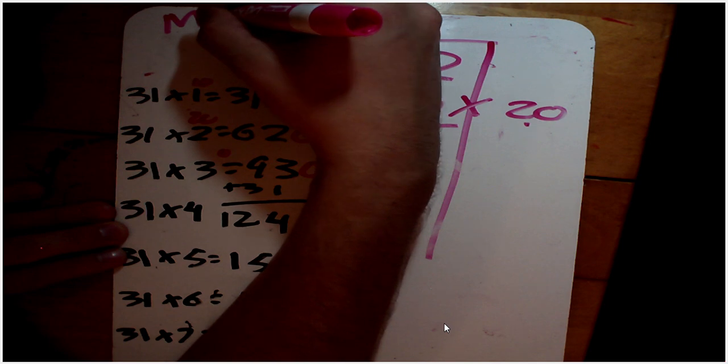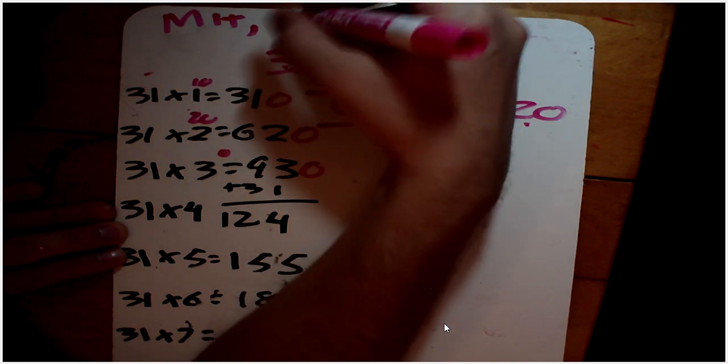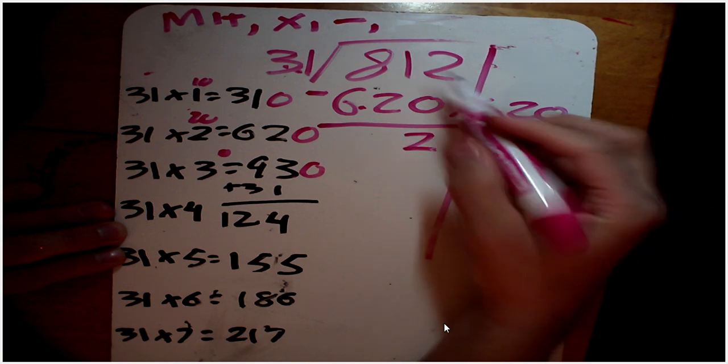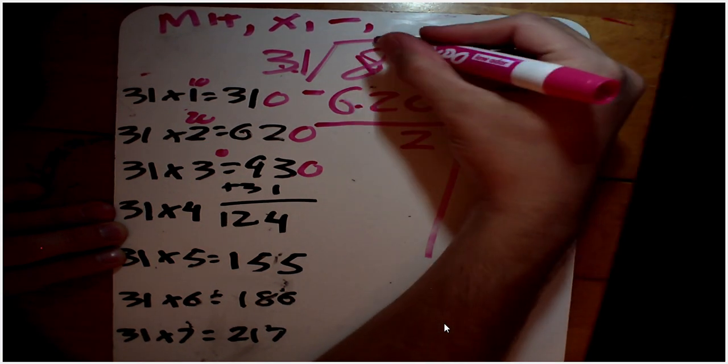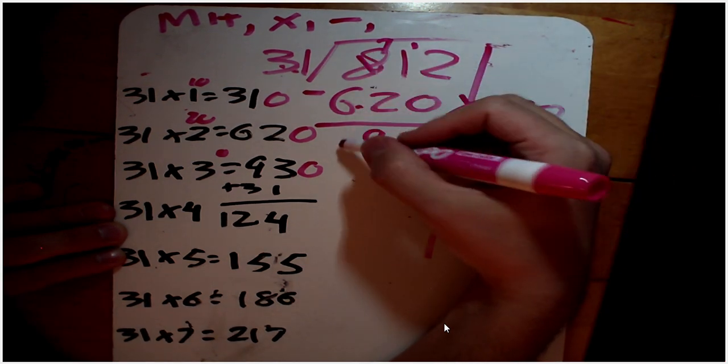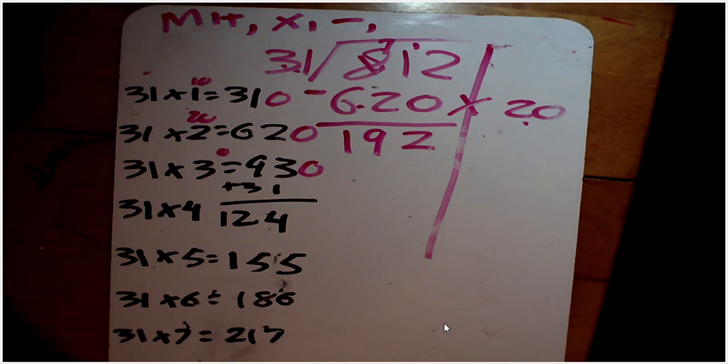So we'll say multiples, multiply, subtract. 2 minus 0 is 2. 11, need to regroup here, minus 2 is 9. 7 minus 6 is 1. So now we have 192 left over. Make sure I did my math correctly. So now we repeat.